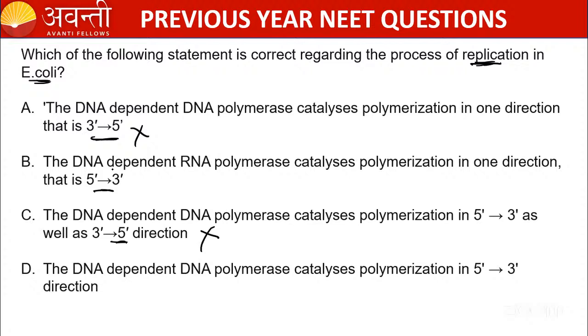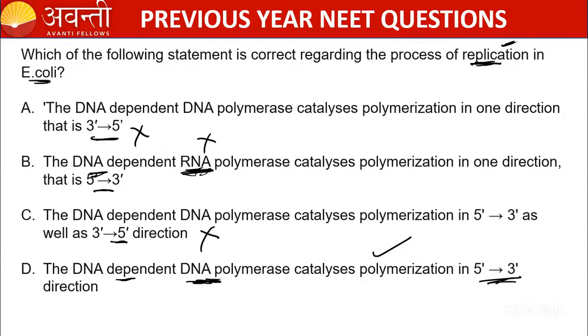The DNA dependent RNA polymerase. Here they are asking about replication, so that is wrong. Here they have given DNA dependent DNA polymerase that polymerizes in 5' to 3'. Then that is correct, because it is DNA dependent DNA polymerase, not DNA dependent RNA. Just see here, DNA and RNA. Don't get confused and take it by mistake.